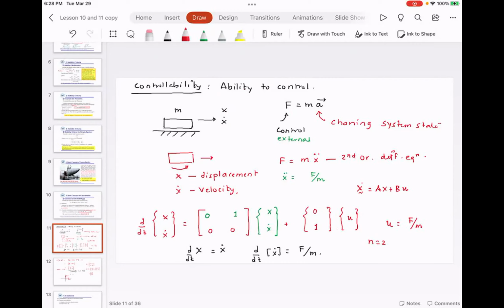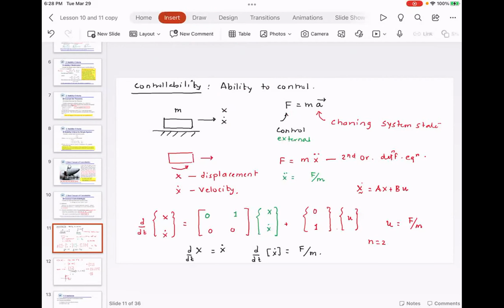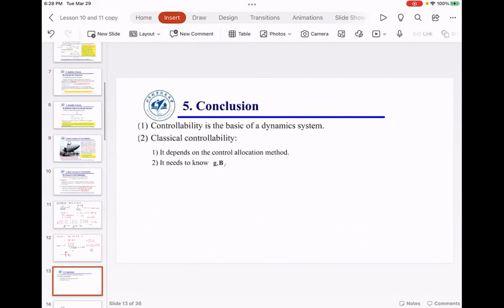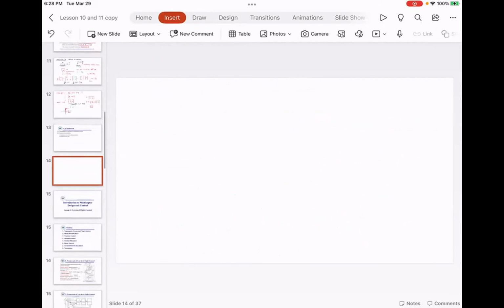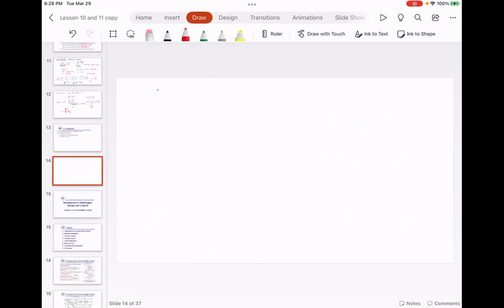So let me write the equation for this. Let me add this slide. What I have now is x, x dot, theta, and theta dot.